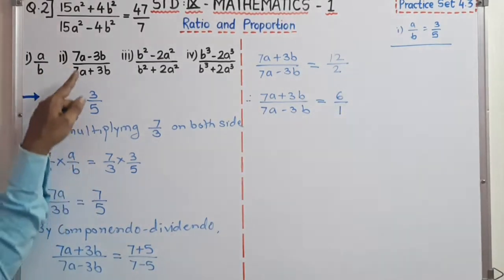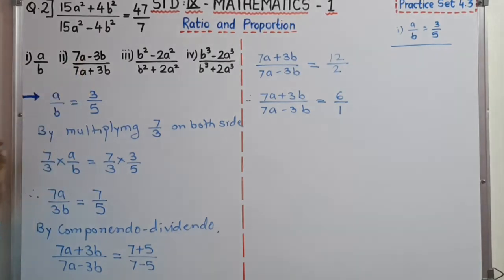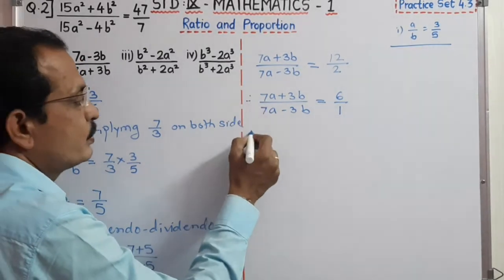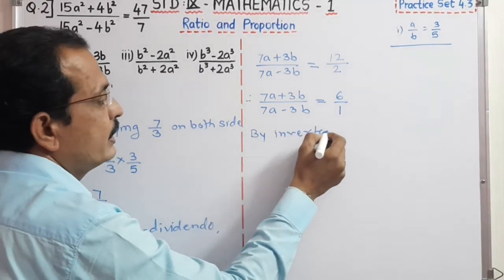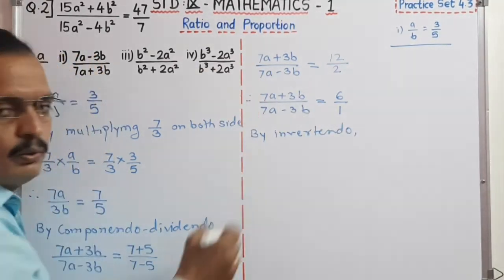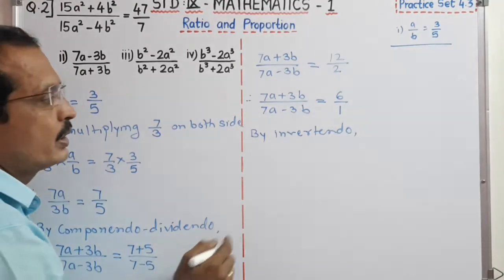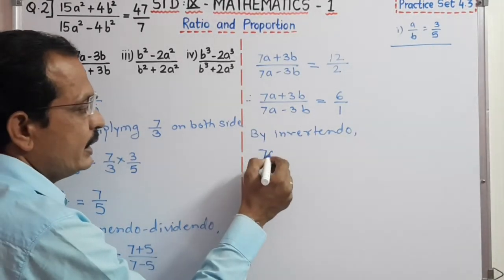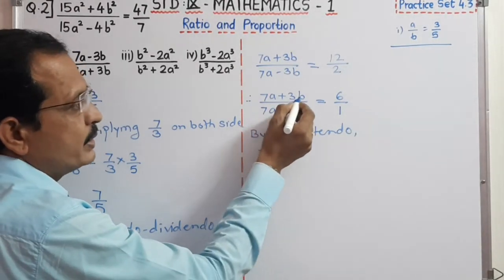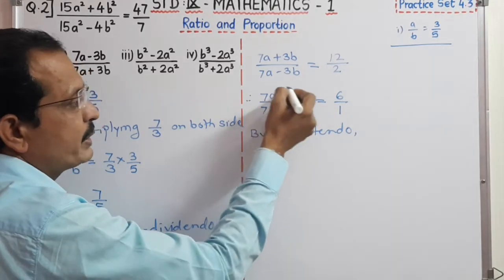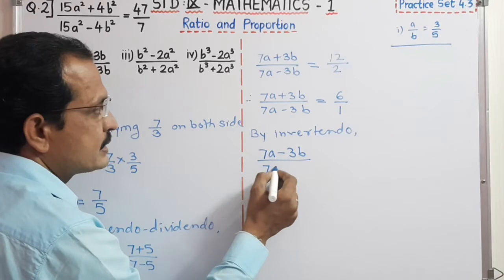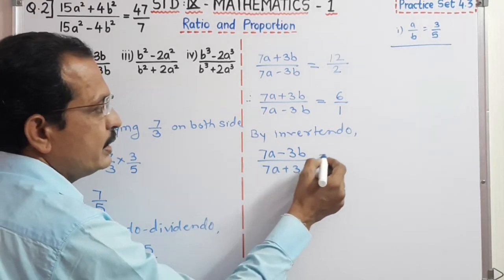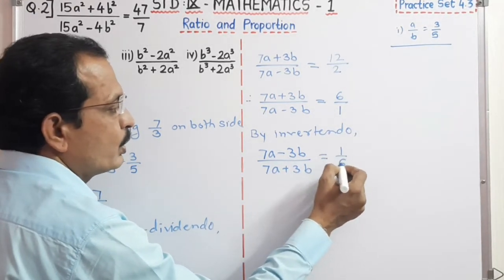Now, dear student, see. We got here 7a plus 3b upon 7a minus 3b is equal to 6 upon 1. But our requirement is 7a minus 3b upon 7a plus 3b. Then, for getting this, we have to write here by invertendo. We have to apply the invertendo. Then 7a plus 3b will come here and 7a minus 3b. Therefore 7a minus 3b upon 7a plus 3b is equal to 1 upon 6.